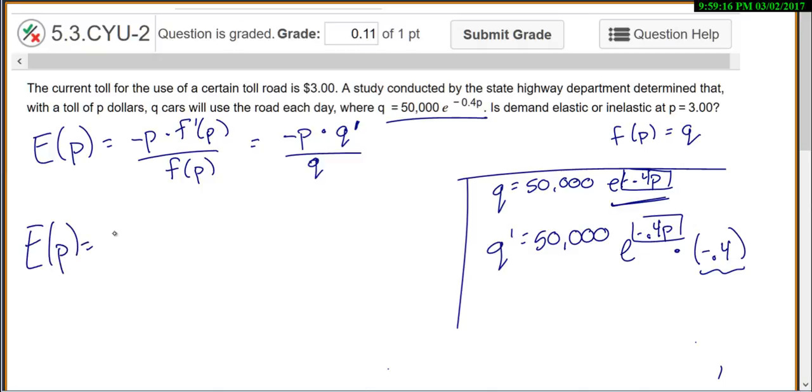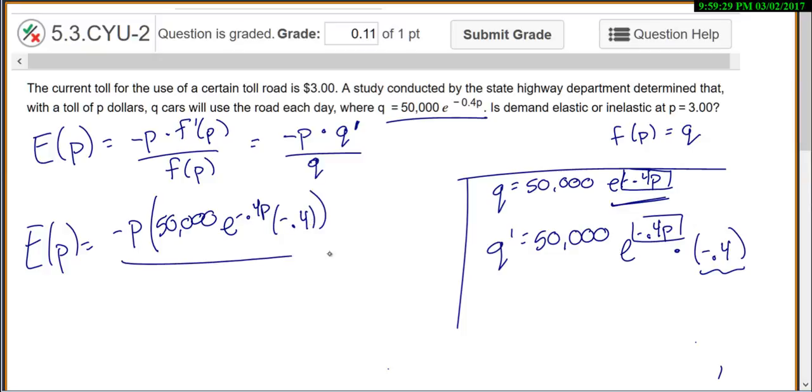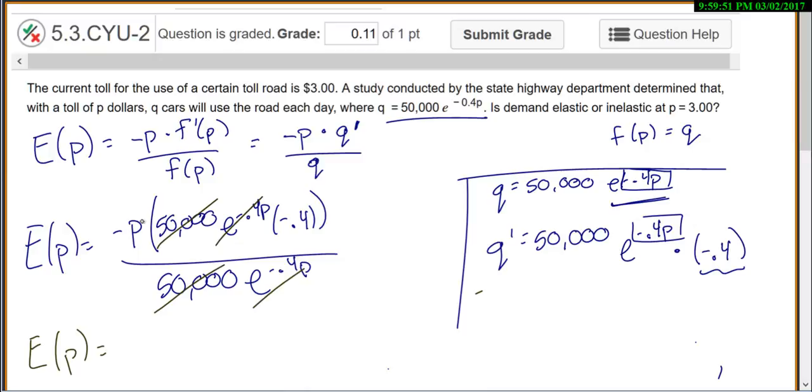So E of P is going to equal negative P, make sure you get your negative in there, times the derivative of Q, so 50,000 e to the negative 0.4 P times negative 0.4, over Q, which is 50,000 e to the negative 0.4 P. Okay, so when we look at this, we can cancel the 50,000 and the e to the negative 0.4 P's, and we're left with E of P equals, let's see, negative times negative is positive, so 0.4 P. Okay, so we found the elasticity.